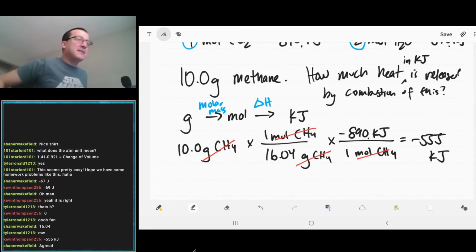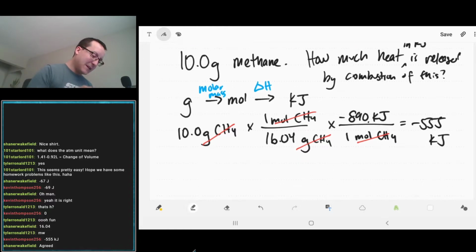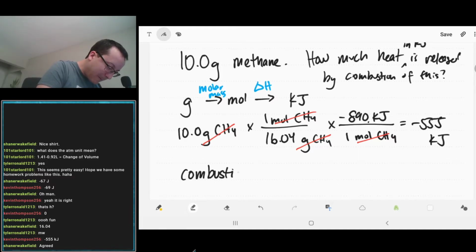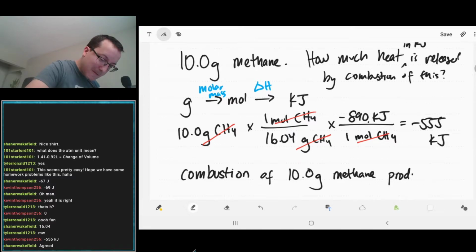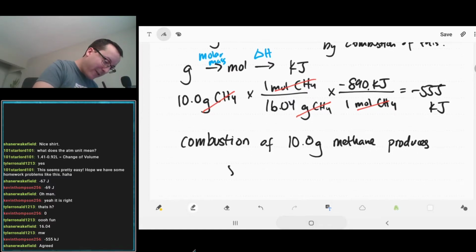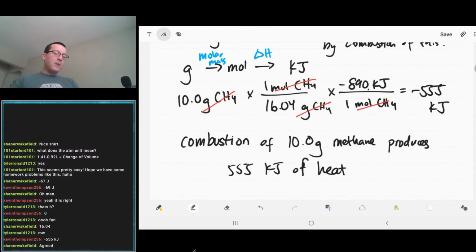That's awesome. So this tells us, after doing all this stuff, that combustion of 10 grams of methane produces 555 kilojoules of heat. So again, we're probably looking at that sign and saying, why am I just saying 555?